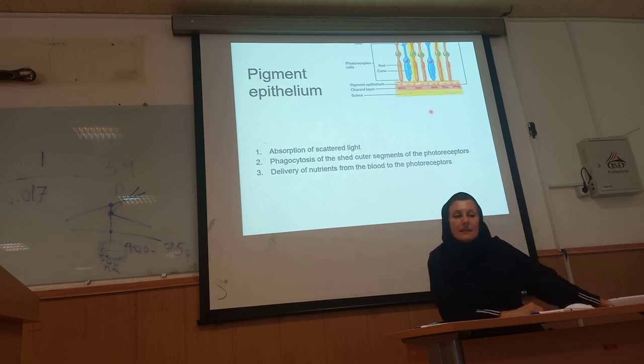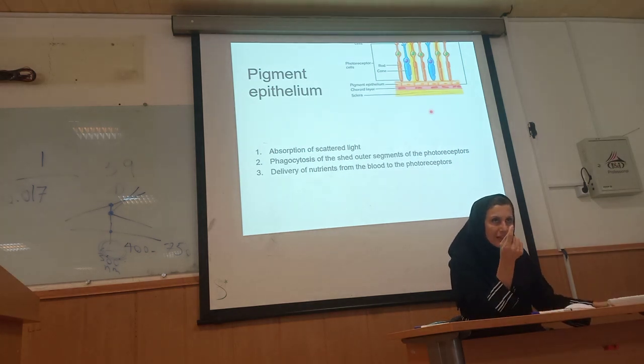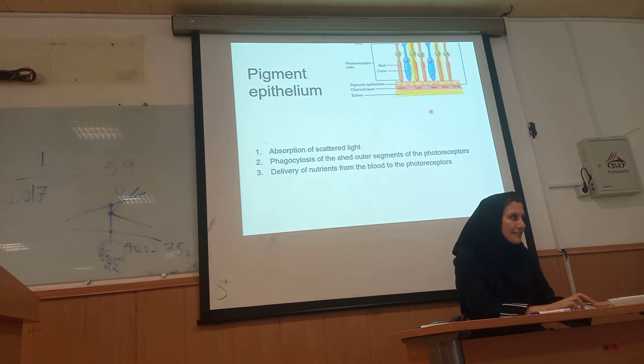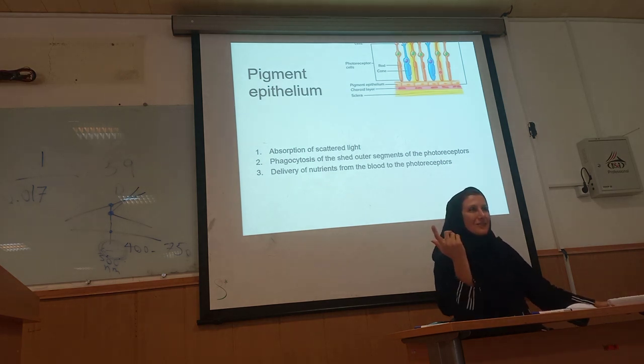You may hear something about retinal detachment. What is retinal detachment? Retinal detachment is just a little distance or a space between the choroid layer and the outer segment of photoreceptors. What happens?